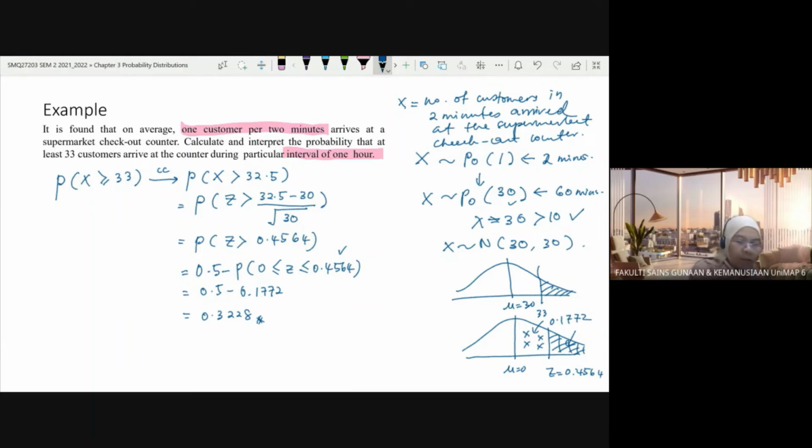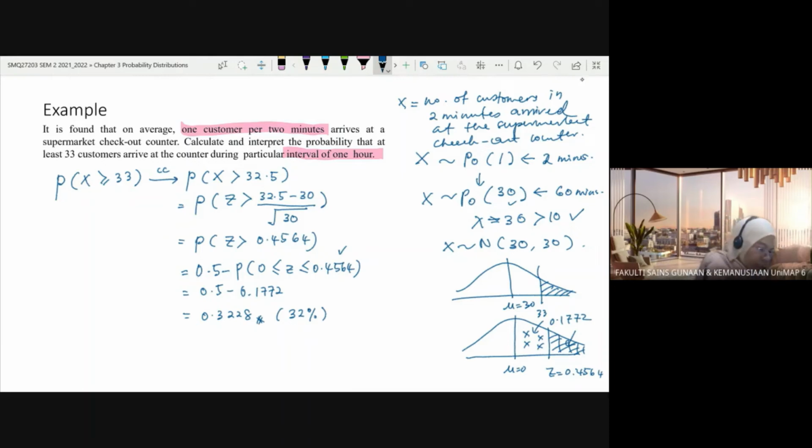How do we interpret this? This is almost 32% in terms of probability. It is very small, less than 0.5, somewhere between 0 and 0.5.